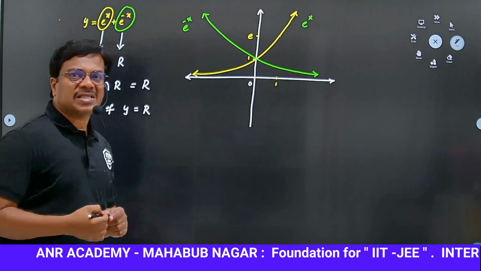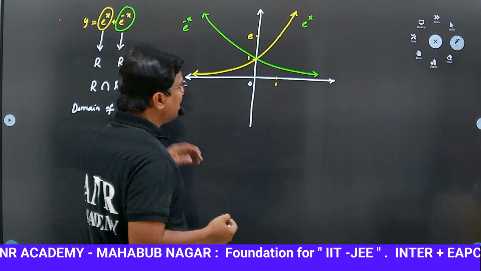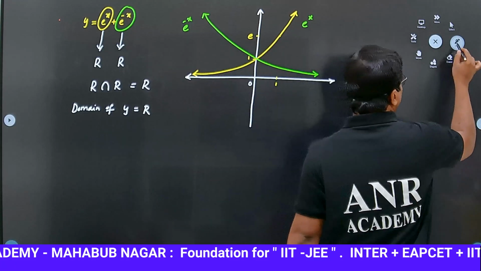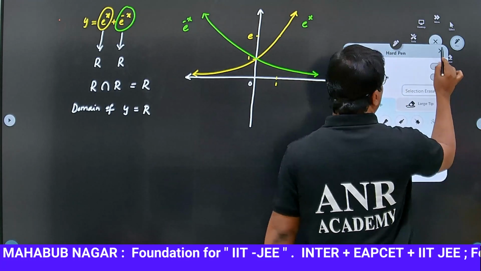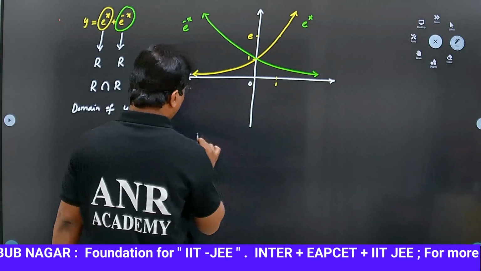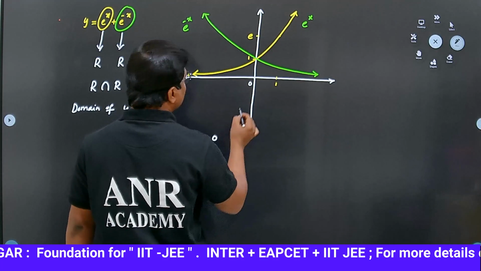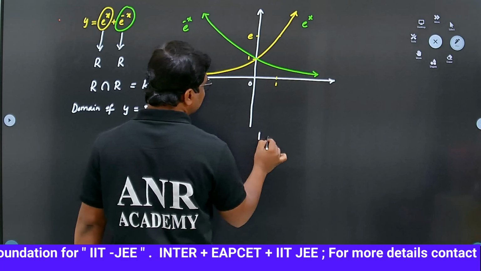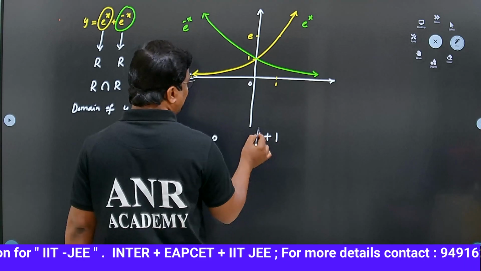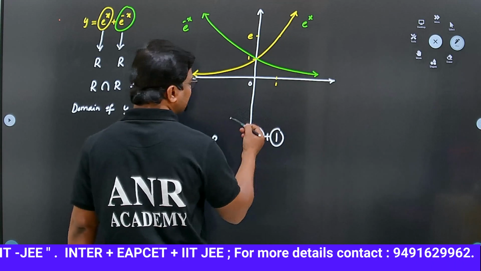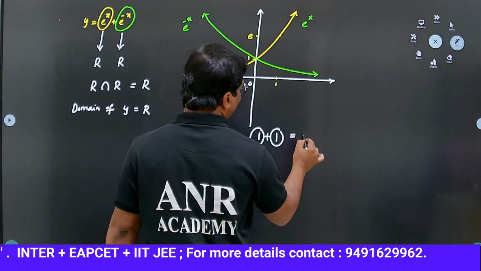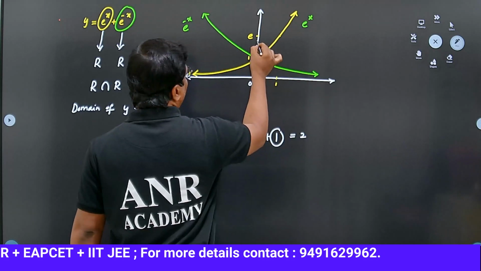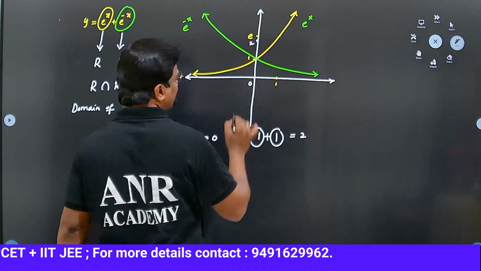Now the combination of these two, that is y. Particularly at x equal to 0, what happens? Observe, at x equal to 0, both have the same height, 1 unit. E power x value is 1, e power minus x value is also 1, and their combination becomes 2. Therefore here it is 2.